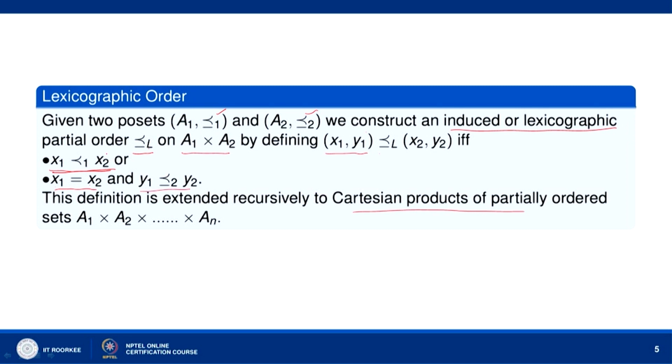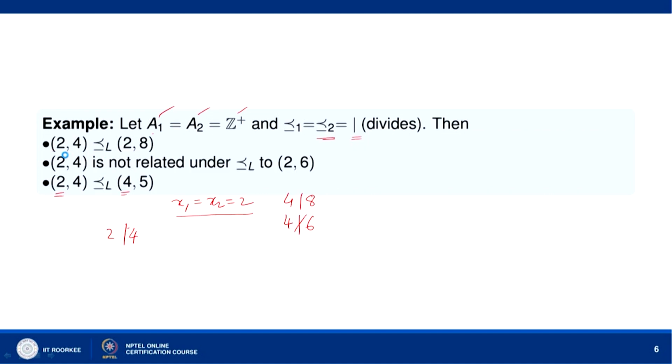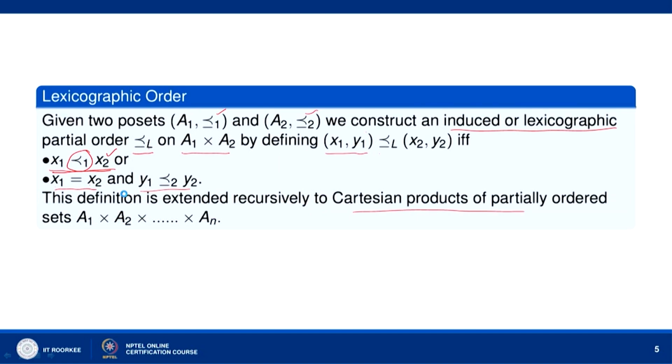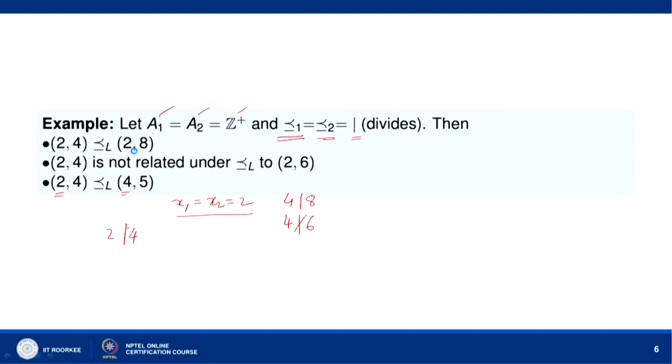Here x1 divides x2 holds, where the notation we defined is divisibility. So 2 divides 4, and therefore this lexicographic partial order holds between (2, 4) and (4, 5).